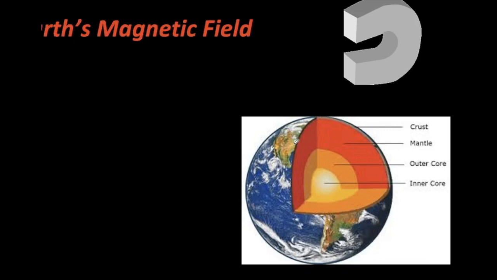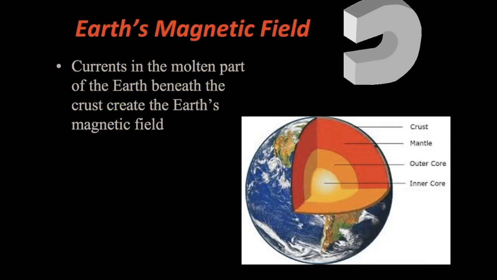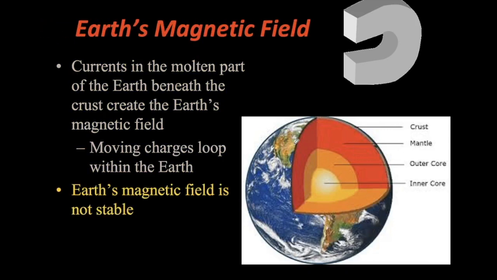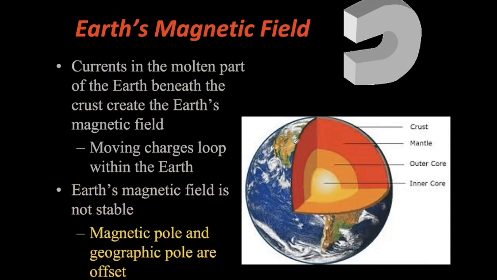Now we're going to talk about Earth's magnetic field, probably the one you've heard about most frequently. The currents in the molten part of the Earth beneath the crust create the Earth's magnetic field, and here is where the core is. There are a bunch of different materials floating inside of that core that make up that inner molten portion.